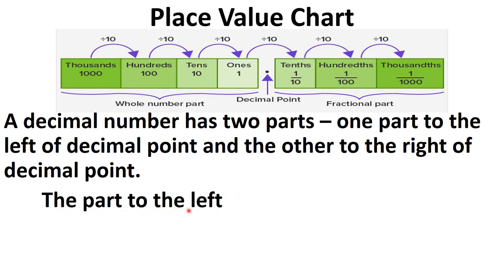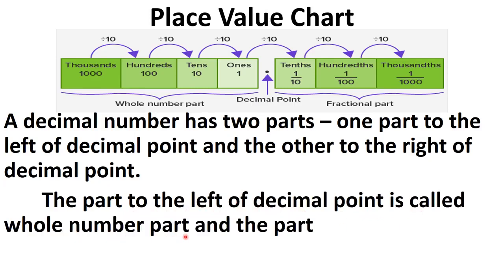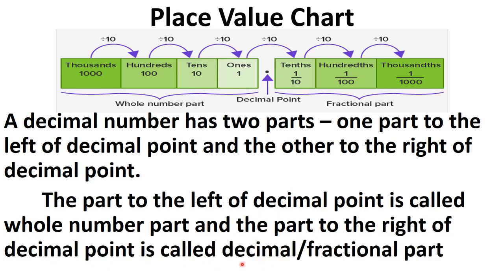The part to the left of the decimal point is known as the whole number part, and the part to the right of the decimal point is known as the decimal part or fractional part. Any one of them we can say, both are correct. We can say decimal part also and fractional part also.